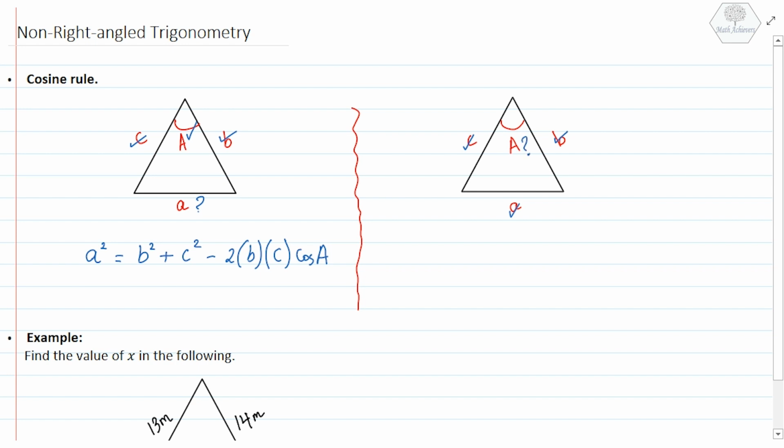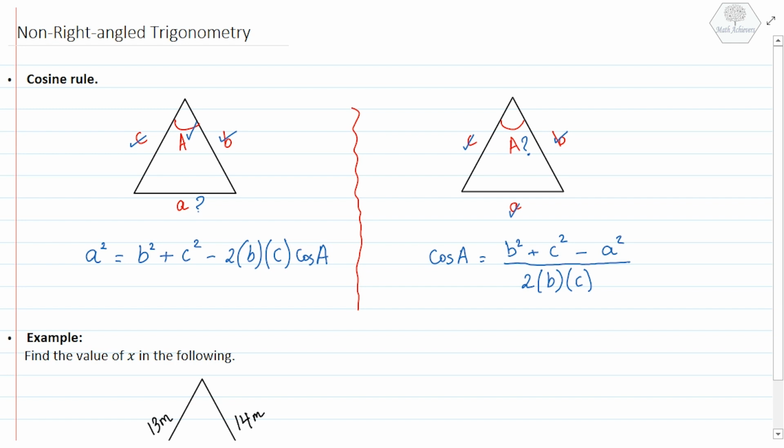Since the angle is unknown, I can use the following formula: cosine A is equal to b squared plus c squared minus a squared, over 2 times b times c.